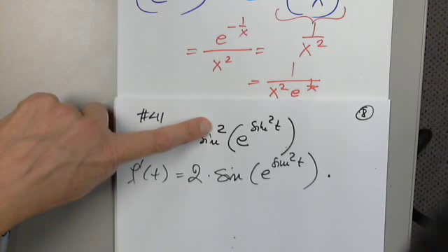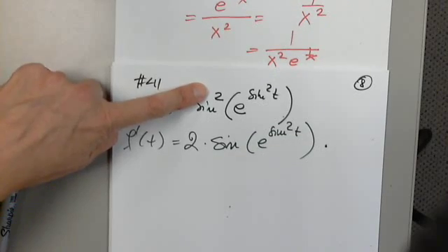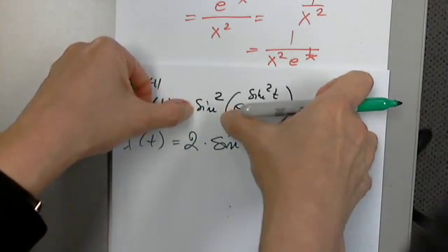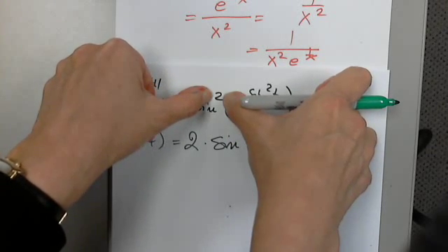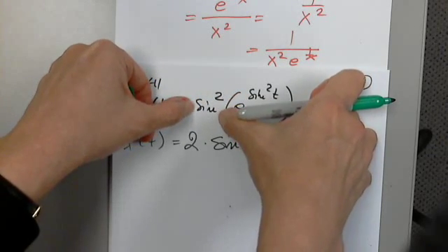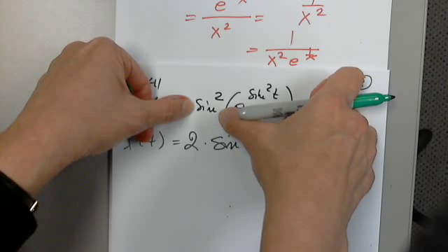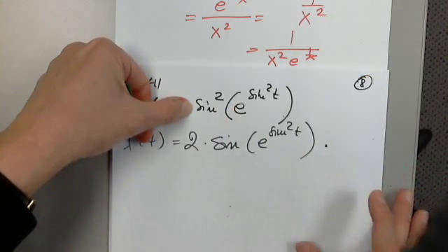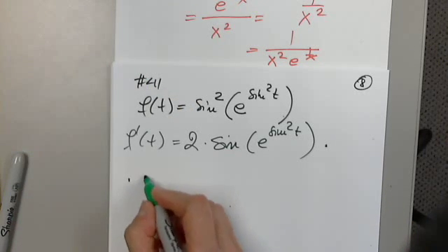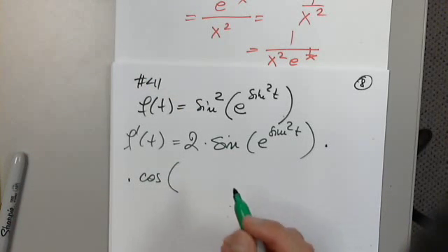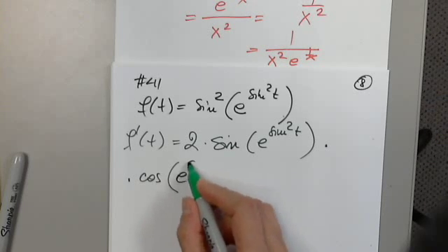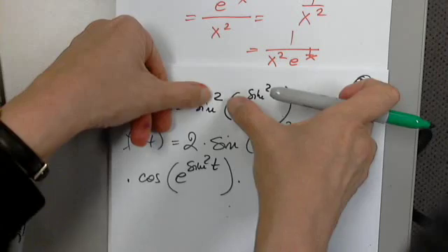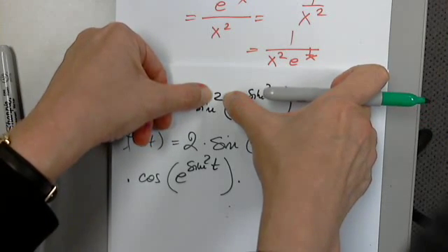I started with the first one. I brought 2 down. I subtract 1 from the power. Now I have to differentiate the inner function. I only differentiated the power. Now I have to differentiate the first function. Always remember, it's always all product. So multiply by cosine of e to sine squared t.